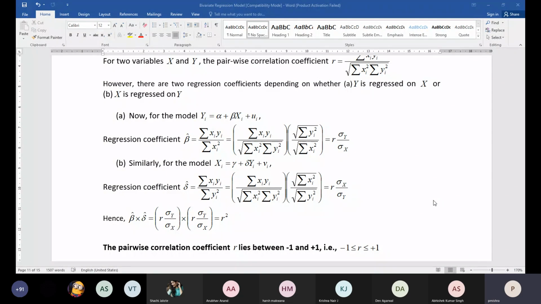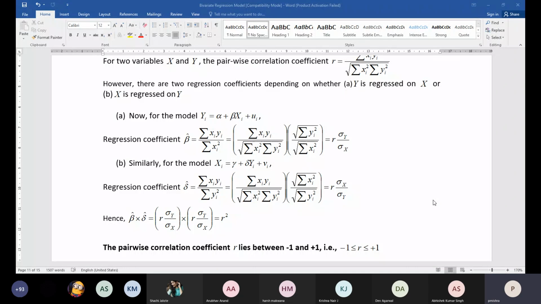So let me then repeat just in a minute what I tried to say. Regression coefficients. Here by regression coefficients, I am basically referring to slope coefficients. The slope coefficients can be expressed as a function of R, that is the pairwise correlation coefficient.